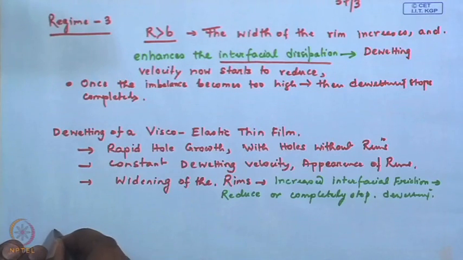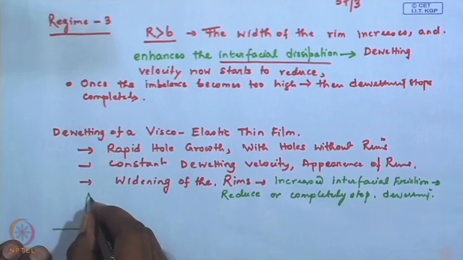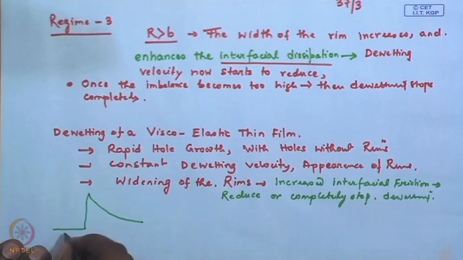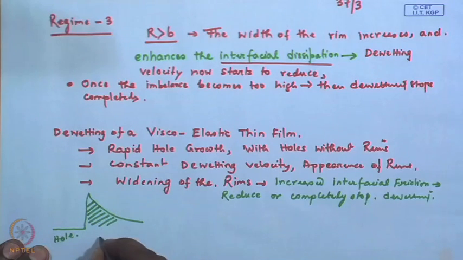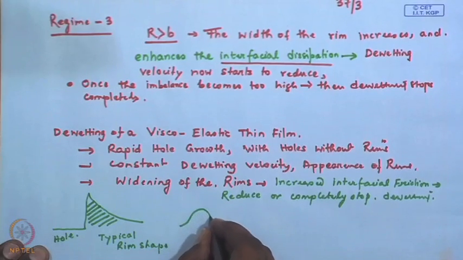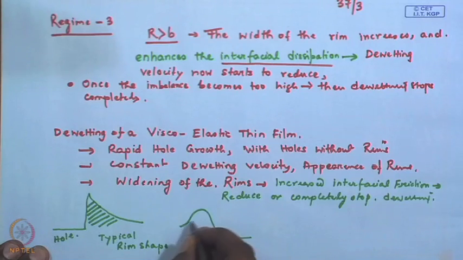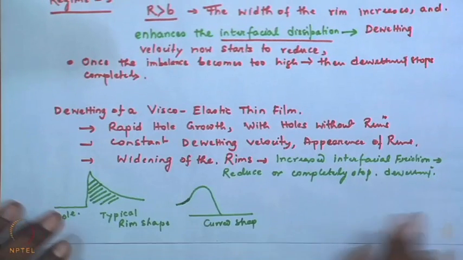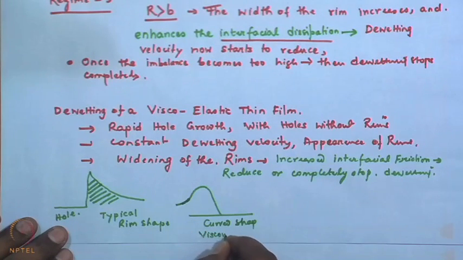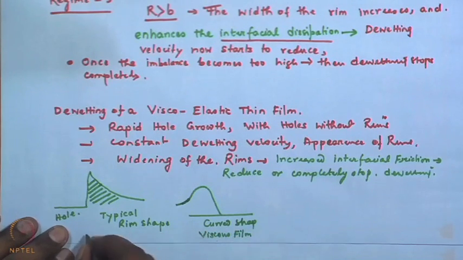The other important thing is that if the effect of viscoelasticity is too high, this is the typical rim shape, as compared to a much more uniform curved shape observed in a purely viscous film.